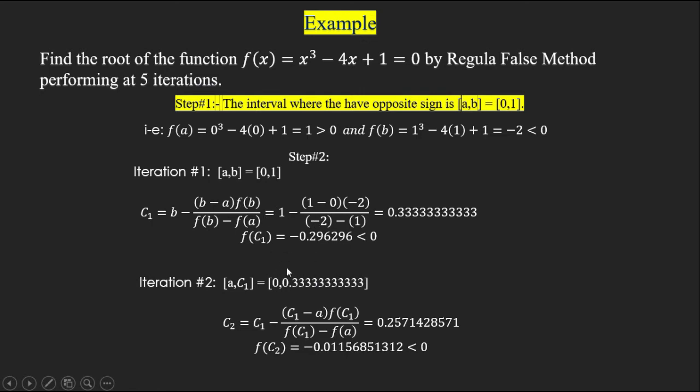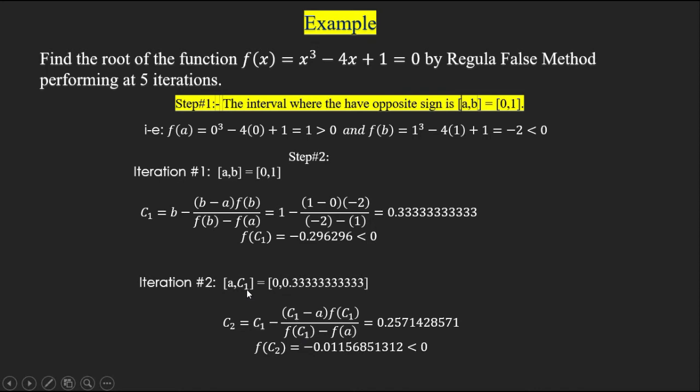Performing this process for C2, we replace B by C1. We will get C1 minus (C1 minus A) into f(C1) divided by f(C1) minus f(A). And by substituting these values, we will get 0.257142857. And after substituting these values of C2 in the function, again we get less than 0 value.